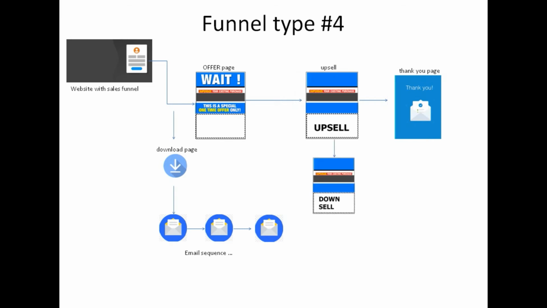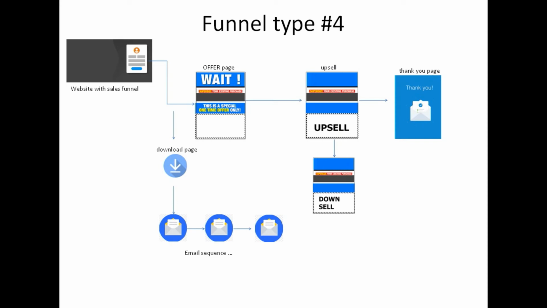Let's look at a little more complicated funnel. In this case, after giving the first offer, there will be an upsell as we mentioned earlier. If that upsell is still not working, then again people will be taken to a downsell. So a downsell is nothing but, say for example, they are not interested in the TV.